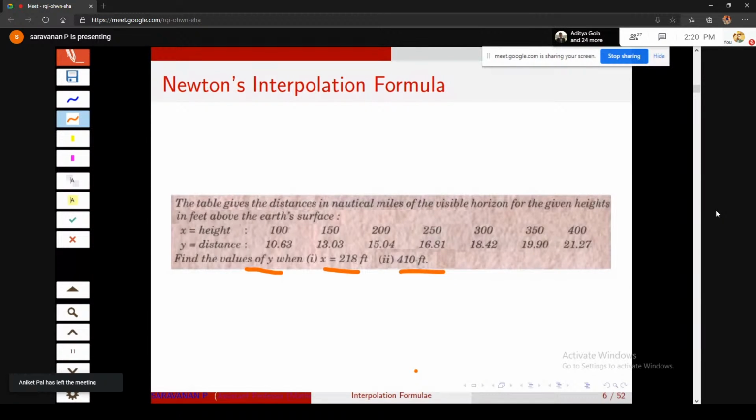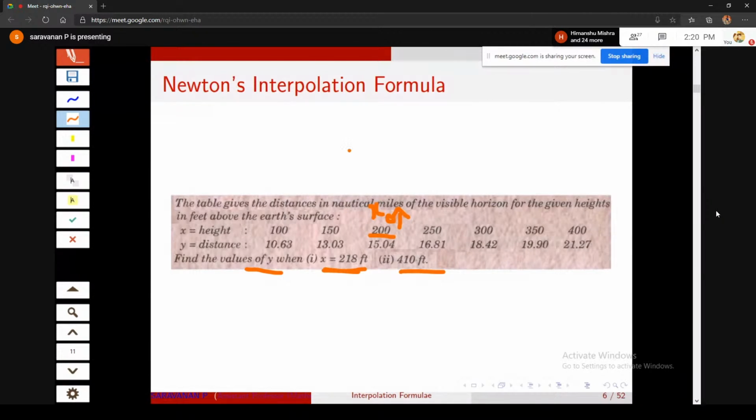Where does 218 lie? It is in between 200 and 250. So I take 200 as x0, somewhere near the beginning.